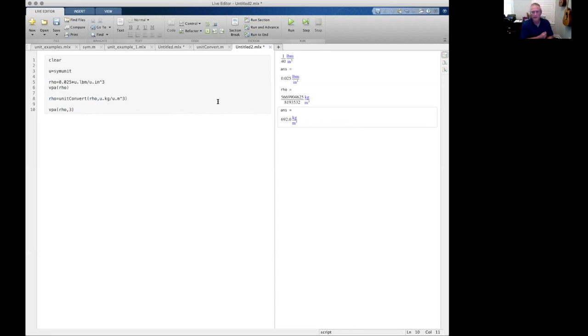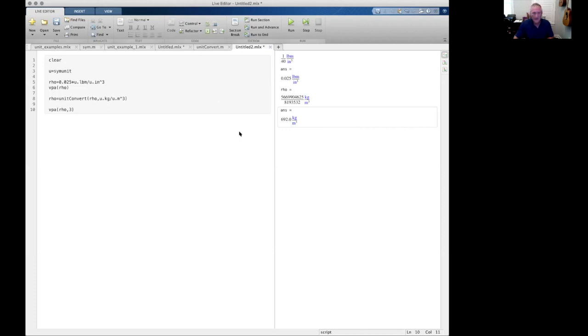All right, so you might be thinking, well, Dr. Thompson, your answer was 693 kilograms per meter cubed. What's the difference? Well, remember, I didn't use the exact conversion factor per pound mass to kilograms, whereas MATLAB is using a lot more precision with that answer. So 292.0 is actually more correct than 293, right?